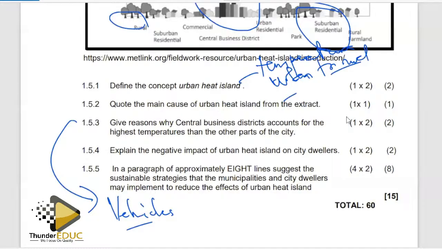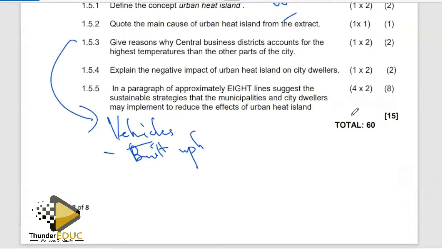Those vehicles, they emit pollutants which are responsible for absorbing heat. And talk of the built-up areas. Urban area, the CBD is more built up. The buildings, they tend to absorb more heat and they cause an urban heat island condition compared to the surrounding area.